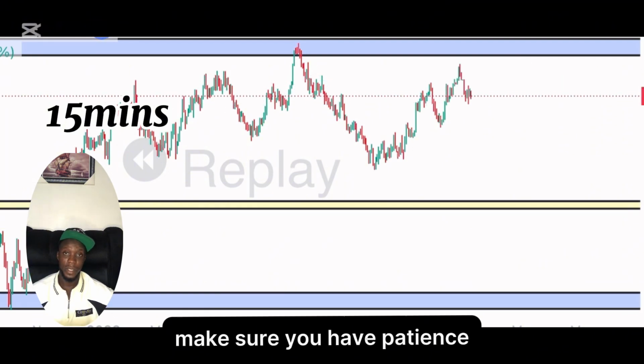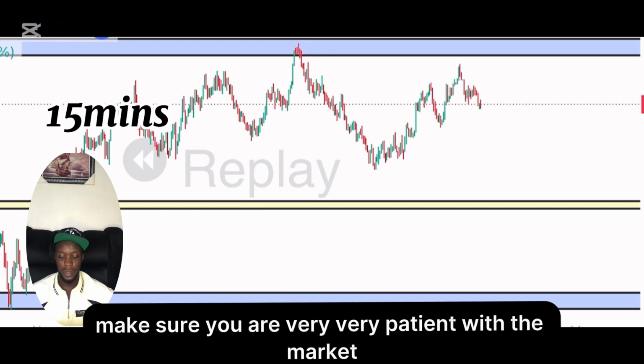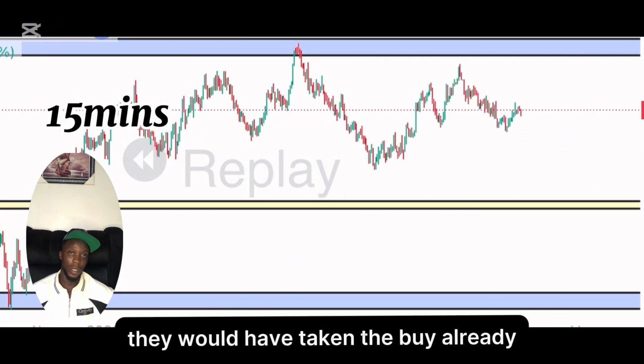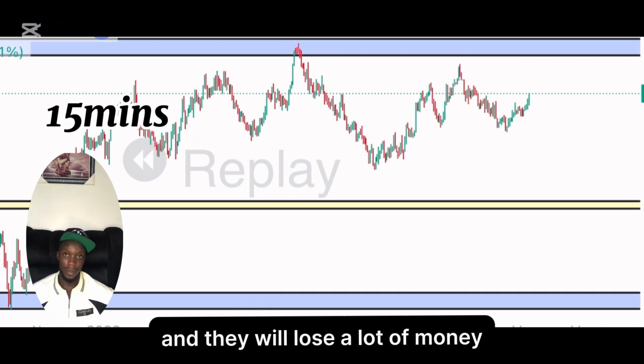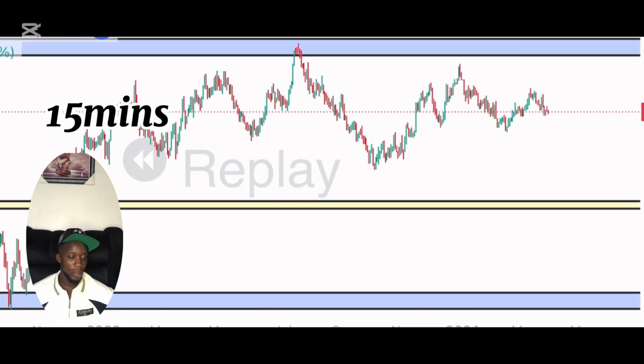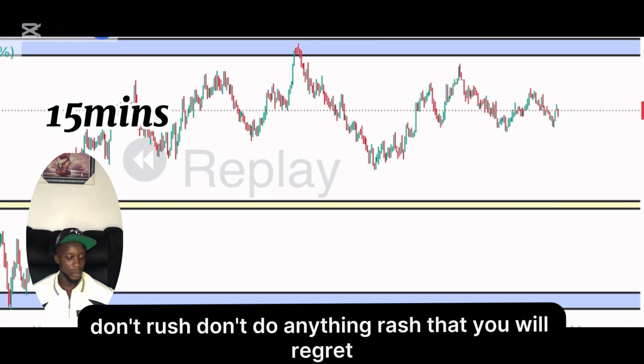Make sure you have patience. Make sure you are very patient with the market. Some traders at this point would have taken the buy already and they will lose a lot of money. But you chill, you stay calm, don't rush, don't do anything rash that you will regret.